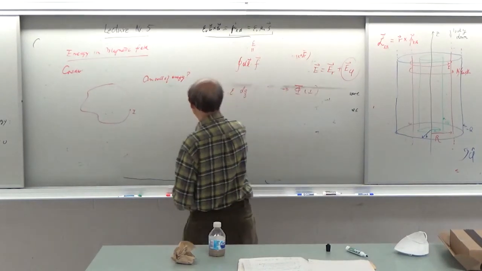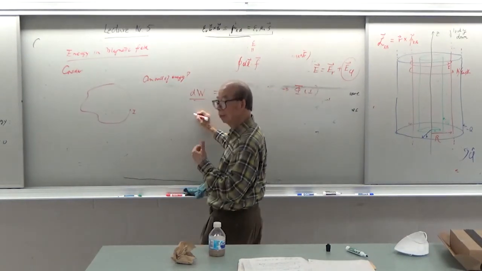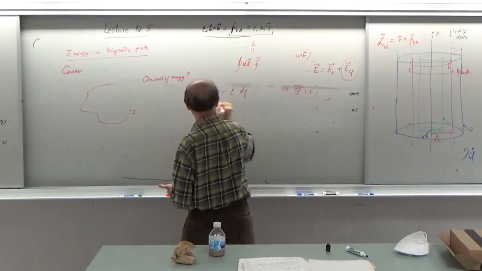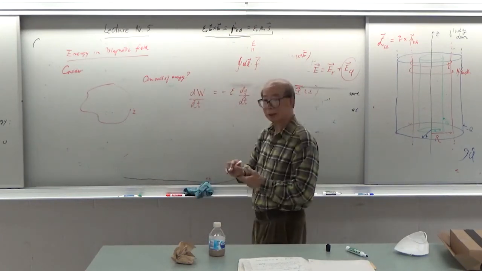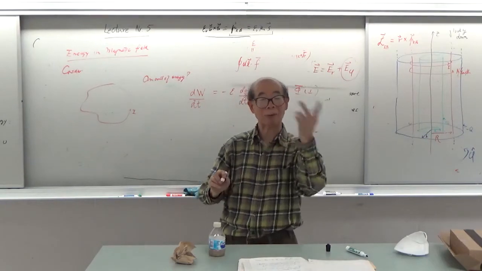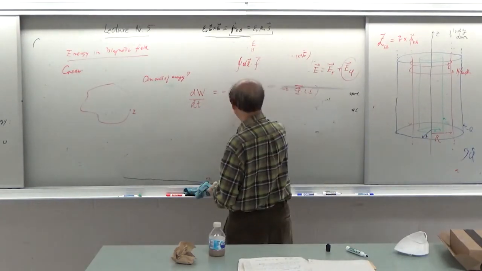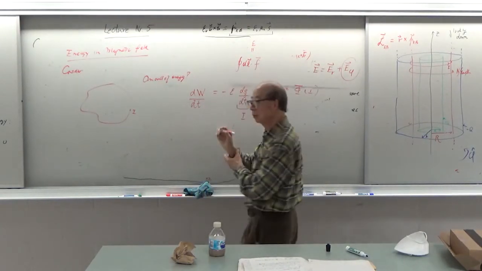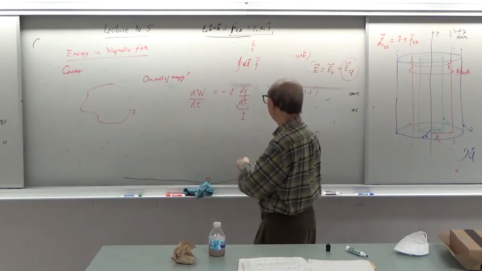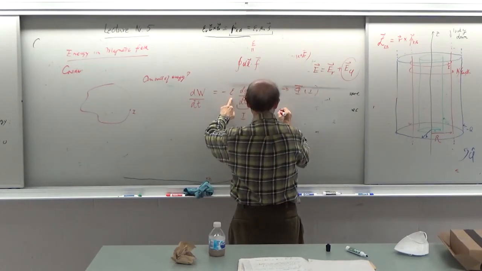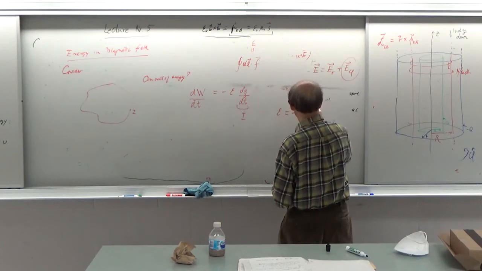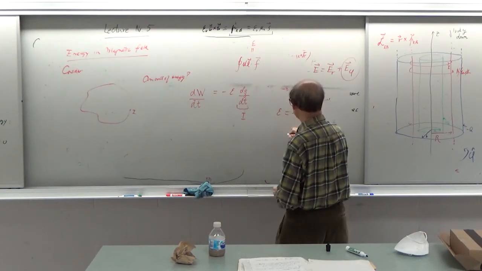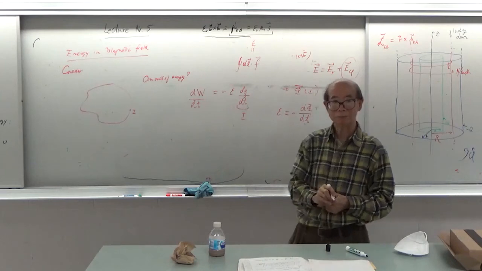And if we are interested in the rate of the amount of work that we have to do, we have a dt. dq over dt is the rate of change of the charge, it's nothing but current. And okay, the EMF, you remember, is minus dΦ/dt, the flux through the loop.